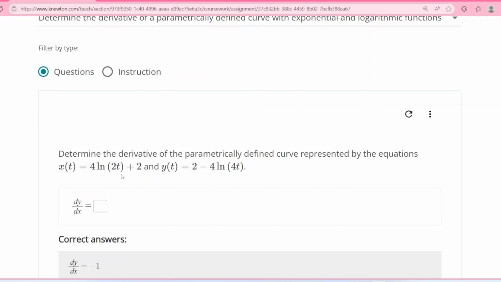So you solve one equation for t and substitute for t in the other equation, and then you get a rectangular equation, something with just x and y involved, no t, no parameter. Then from there, find your y prime, find dy over dx, either implicitly or explicitly.